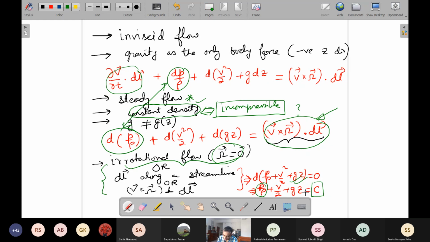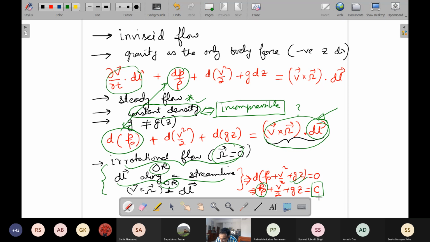But here there are odds, right? If this is not satisfied, there are other conditions also for which you can apply the equation. The second condition: dl along a streamline. So if you consider dl along a streamline, that restriction should be there somewhere implicitly.